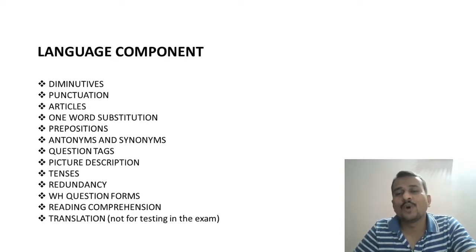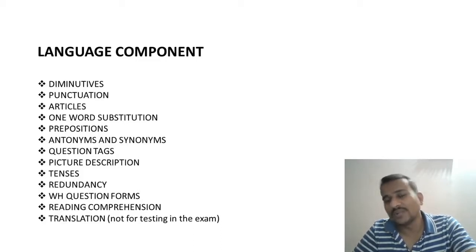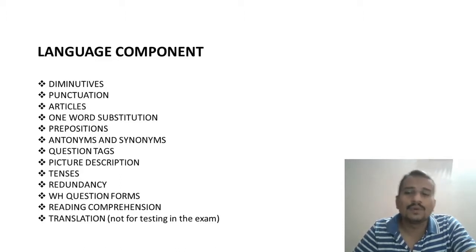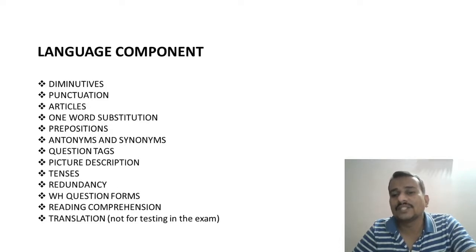Diminutives are the smaller parts of bigger things, like the offspring, a particle, of anything. So lion, cub; ring, ringlet; book, booklet; eagle, eaglet: a smaller part of a larger whole. So it is discussed in detail in the subsequent sessions.